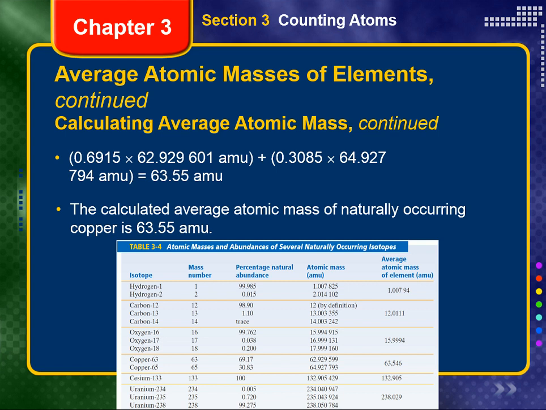The average atomic mass is indicated for the elements listed on Table 3-4 on page 80 of your text or on the screen now. As illustrated in the table, most atomic masses are known to 4 or more significant figures. In your book, an element's atomic mass is usually rounded to 2 decimal places before it is used in a calculation.